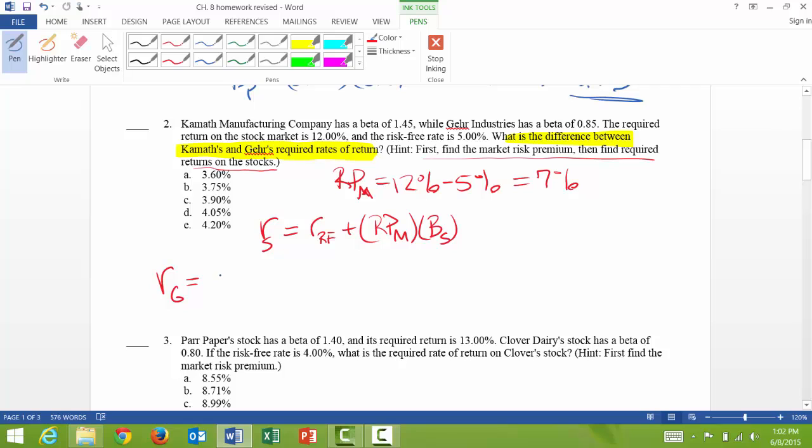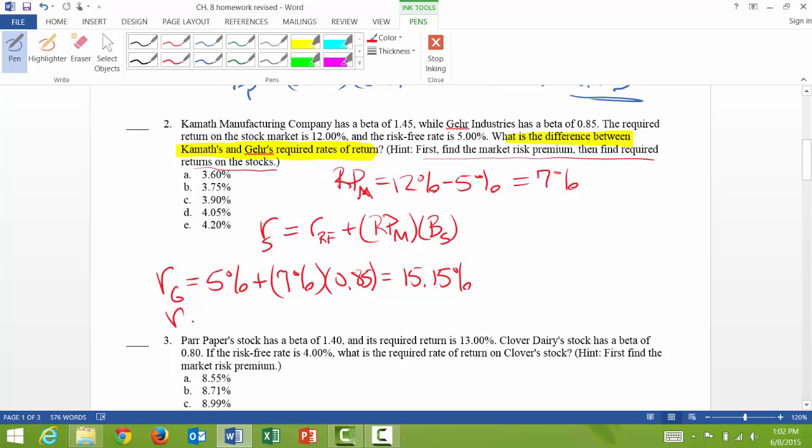It's equal to the risk-free rate of 5% plus the market risk premium that we found was 7% times its beta of 0.85. And so its return is 15.15%.